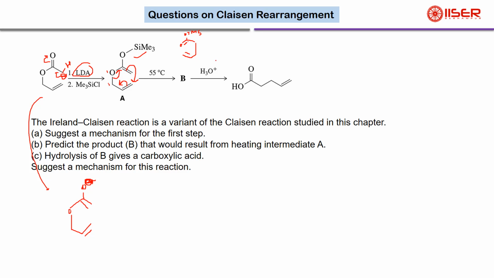After that, if you add H plus, this OTMS will be hydrolyzed, forming an acid. So this will be our product. If we answer one by one, first, the mechanism of the first step that we have shown already goes through an enolate mechanism. After that, predict the formation of product B. So this is our product B.